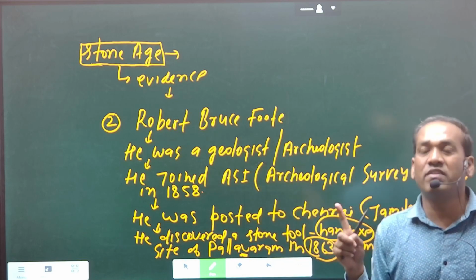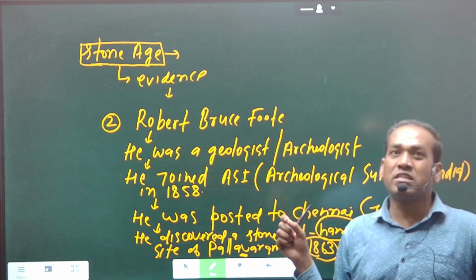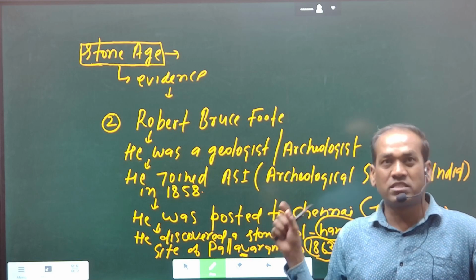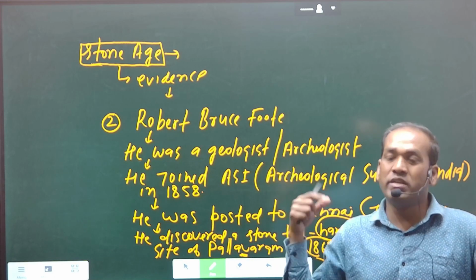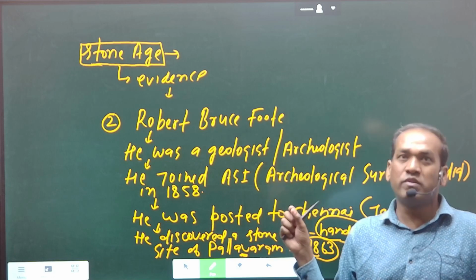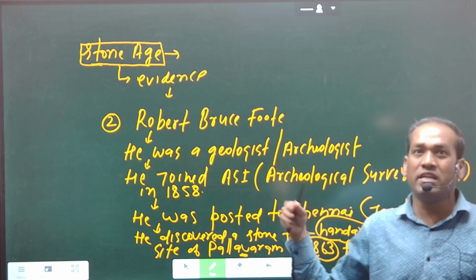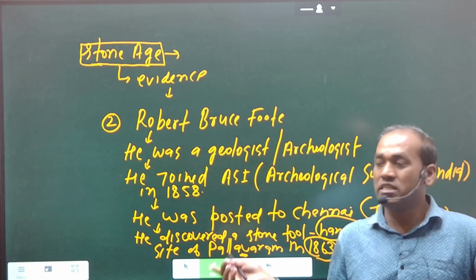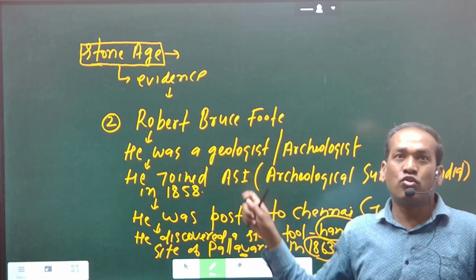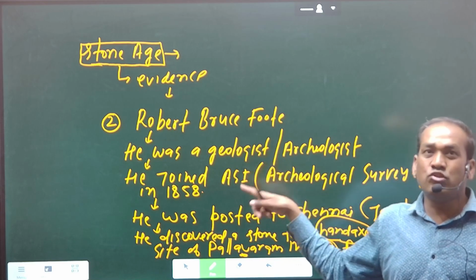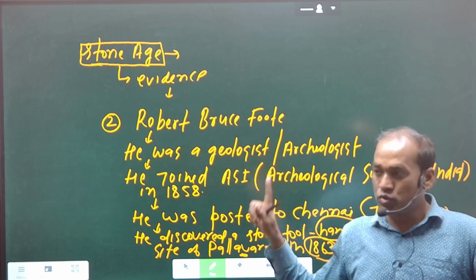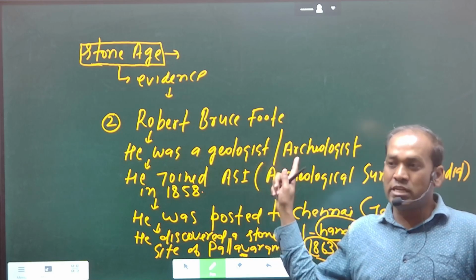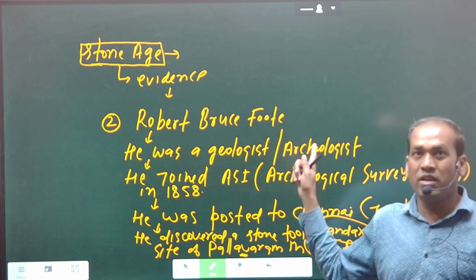The first evidence is the archaeological site of Bori, Pune district, Maharashtra. From there, we have discovered so many tools, and those tools were used by early men for hunting and gathering. The second evidence is Robert Bruce Foote. He joined the ASI department in 1858. Then he was posted to Chennai, Madras, Tamil Nadu.